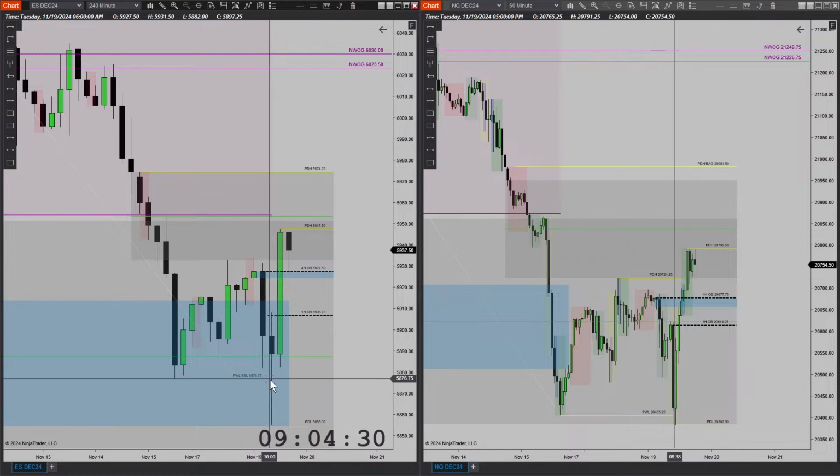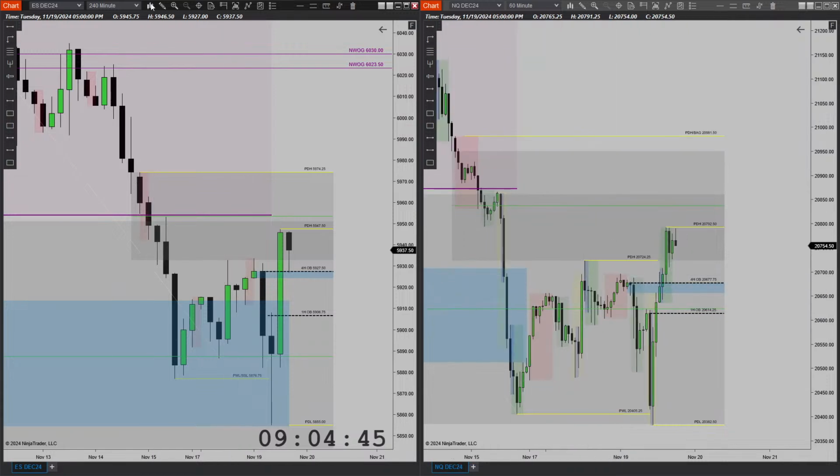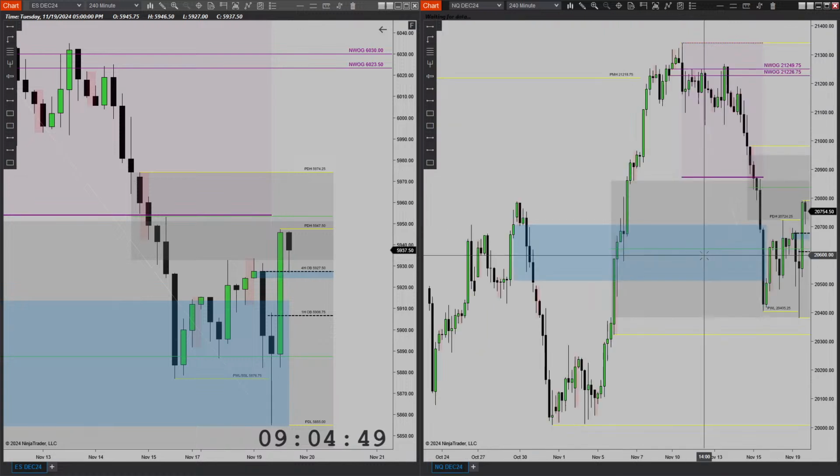Once it did that, I wanted to see how price would close after it swept this sell side. So what did it do? It actually closed pretty bullish with a huge wick right here, and then price came up to take out buy side. Same thing here. 60-minute first, the 4 hour.